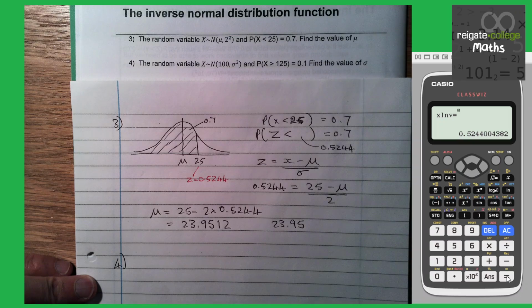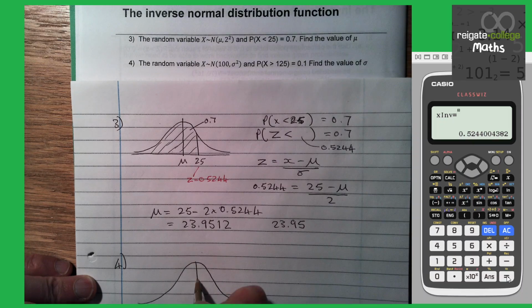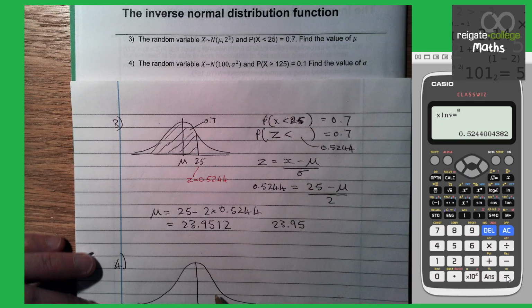Here's our sketch. Here's our mean in the middle, which was 100. And we know that the probability that x is greater than 125 is 0.1. And that means this area here, of course, is 0.9.